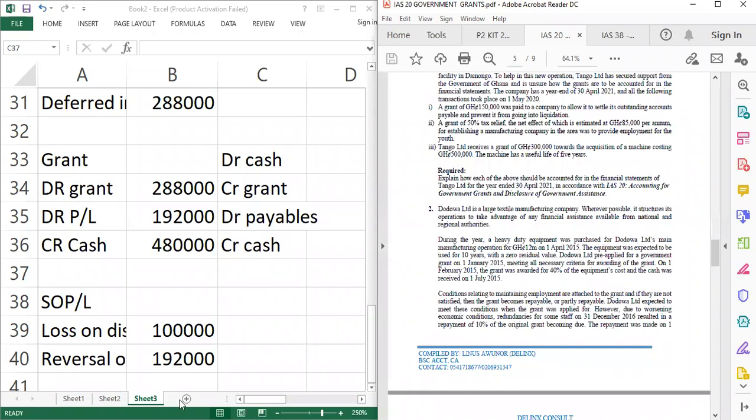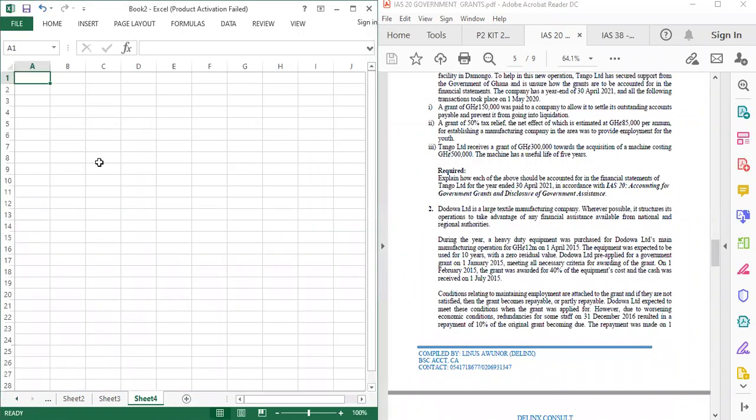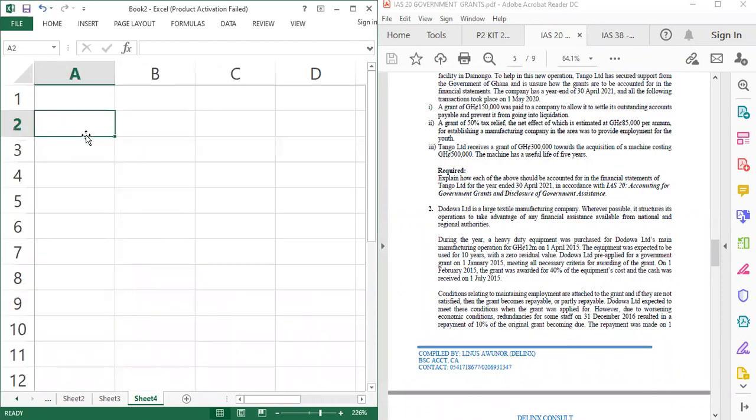Question 2. Dodua Limited is a large textile manufacturing company.